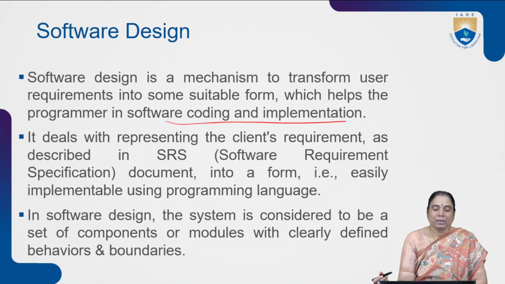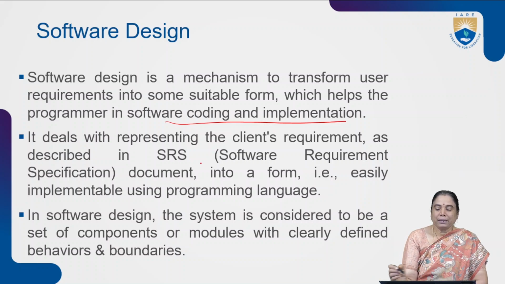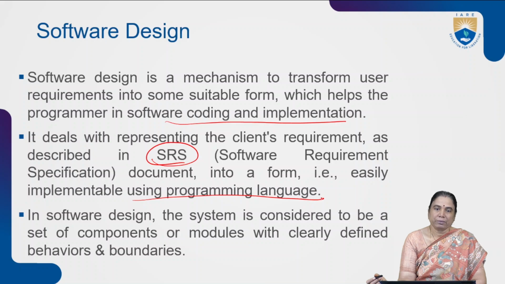These requirements can be visualized or modeled with the software design so that the software engineer can easily apply coding and implementation techniques on this design. So software design represents the client's requirements, as described in the SRS, the software requirement specification, in a form that is easily implementable using a programming language.